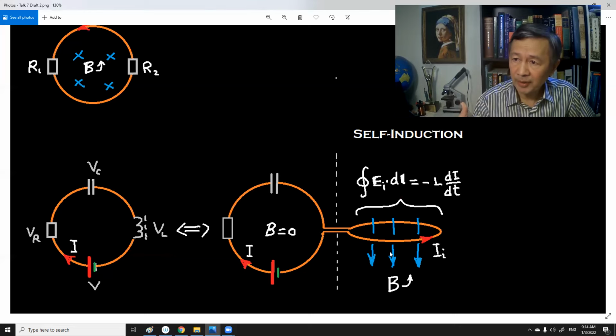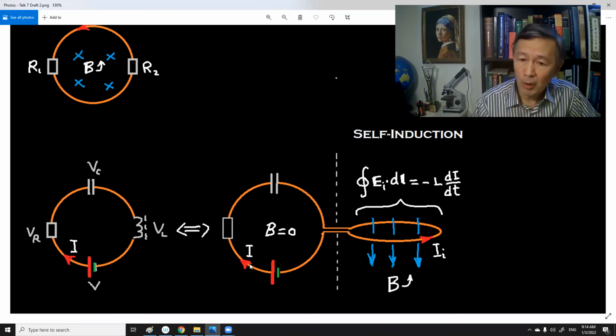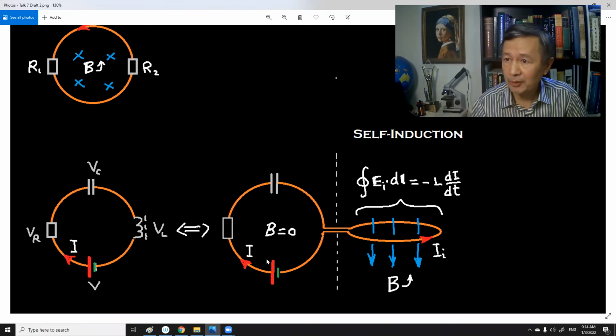As a result, according to Lenz's law, some electrons will refuse or resist this change. It's just like Newton's first law of inertia. So therefore, the current I, where the subscript I means the current induced by the change of the current provided by the battery. Different currents, as I illustrate in that diagram.